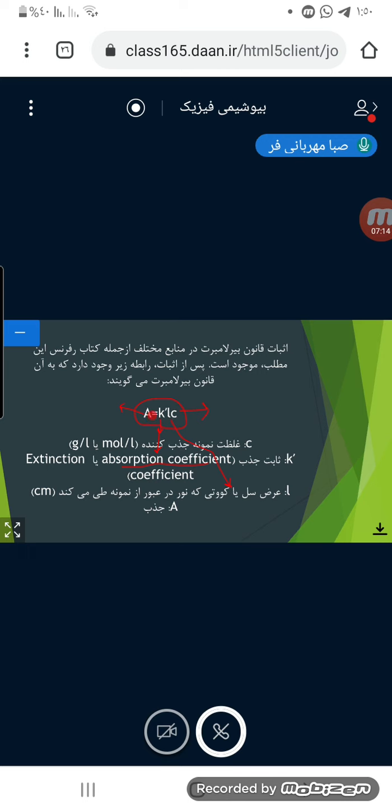The instrument will give us the absorption. And we have the coefficient, which you can find on the internet. L is usually 1, the distance of our cell or cuvette, and C, we can find, the concentration, by this formula.